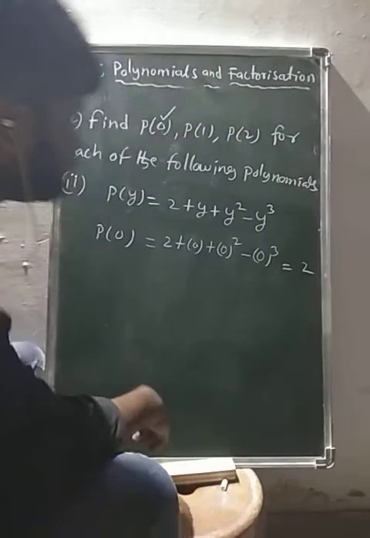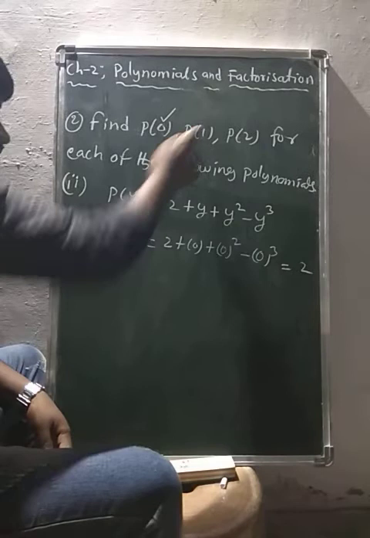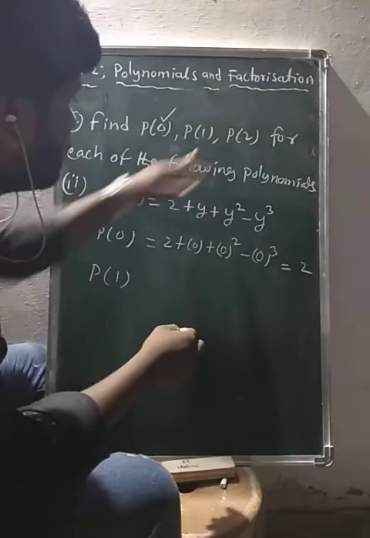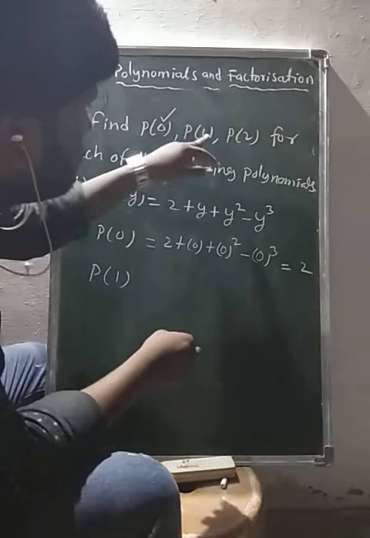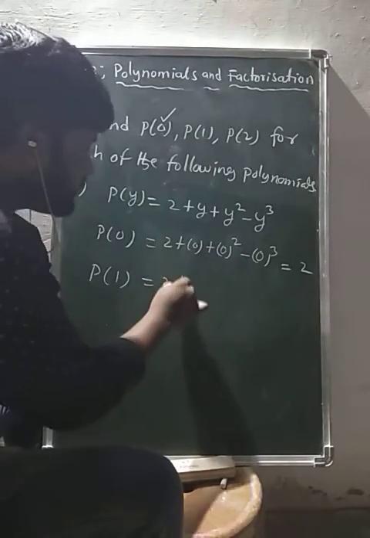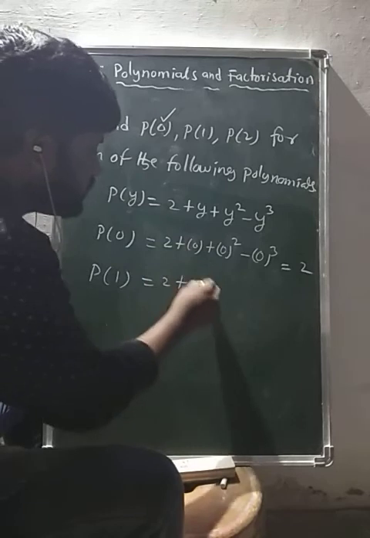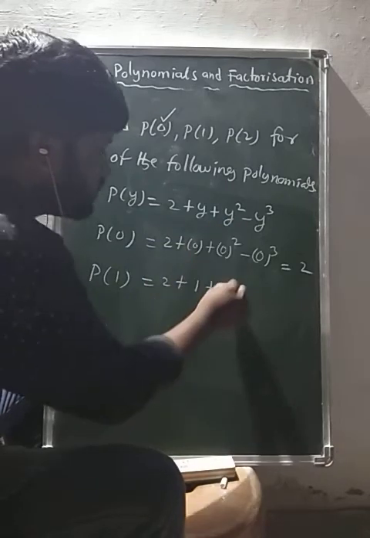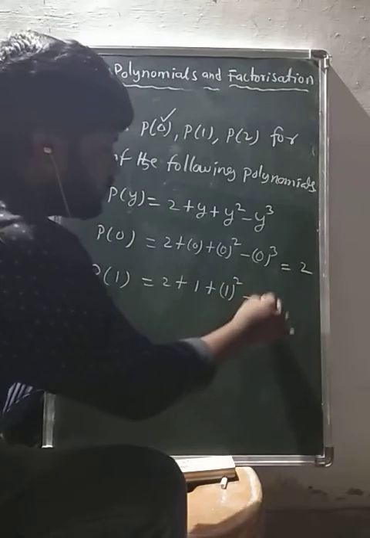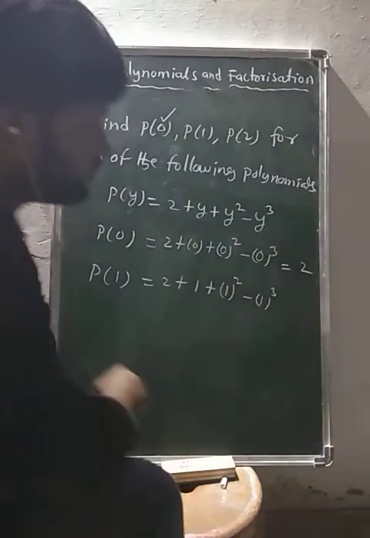Okay, now I want to substitute 1. Replace y with 1. So that is 2 plus y means 1, plus y square means 1 whole square, minus y cube means 1 whole cube.